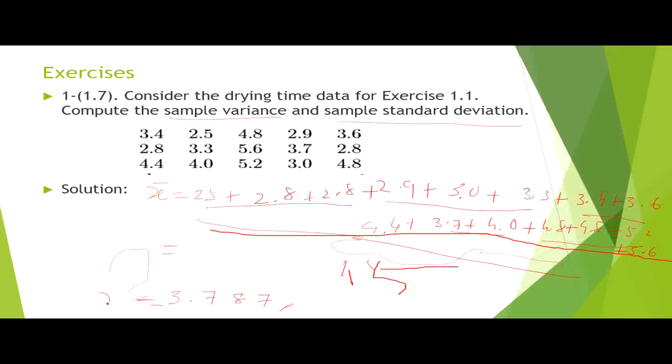This is your mean, x bar. So we need the mean to find the sample variance, isn't it? Now what should I do to find the sample variance?